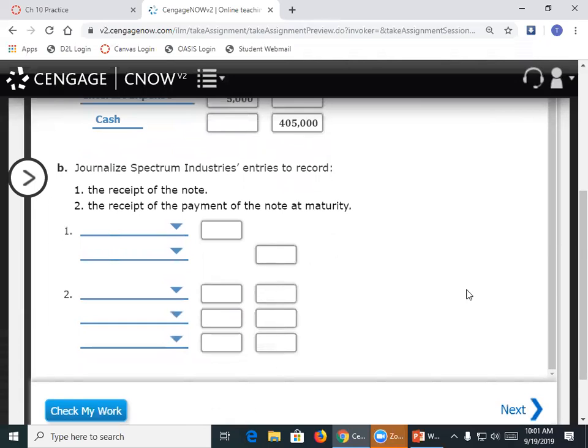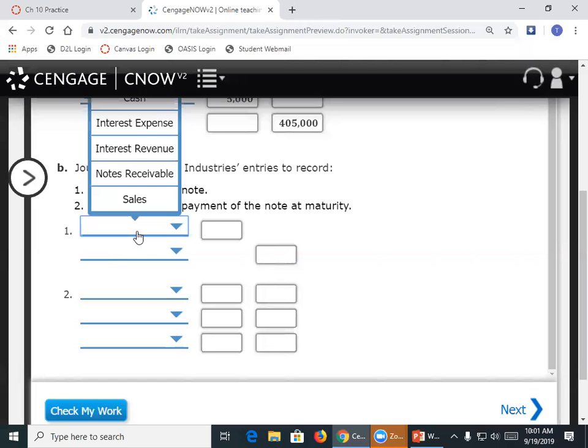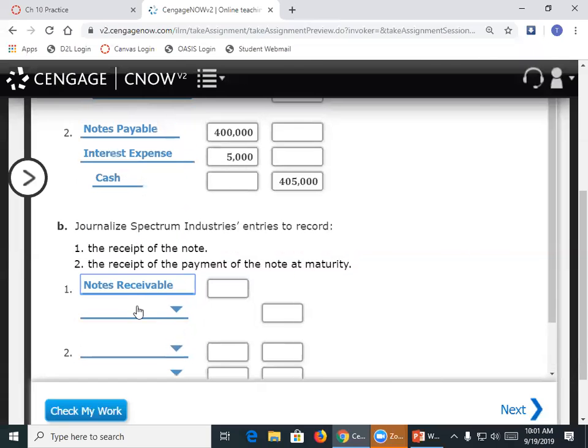We're the ones getting money. On part 1 there, we had sold inventory on a note. So what would I debit and credit to reflect that? Notes receivable. Good. And sales. Perfect. So notes receivable gets debited and sales gets credited for the principal amount.